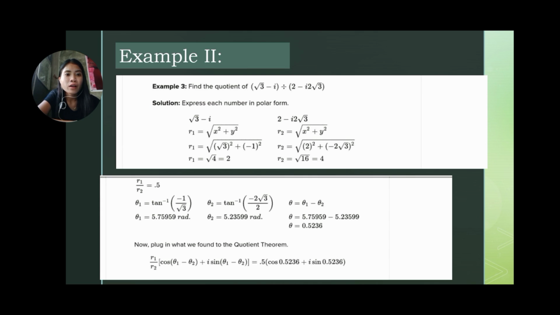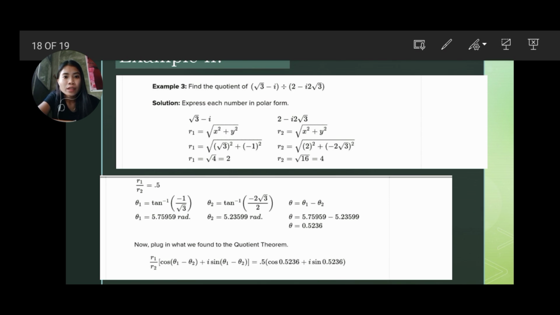Then r sub 2 is equal to the square root of 16, and the square root of 16 is 4. Therefore, our r sub 1 is 2 and our r sub 2 is 4. Here we compute r sub 1 divided by r sub 2, which is 2 over 4, or 0.5.